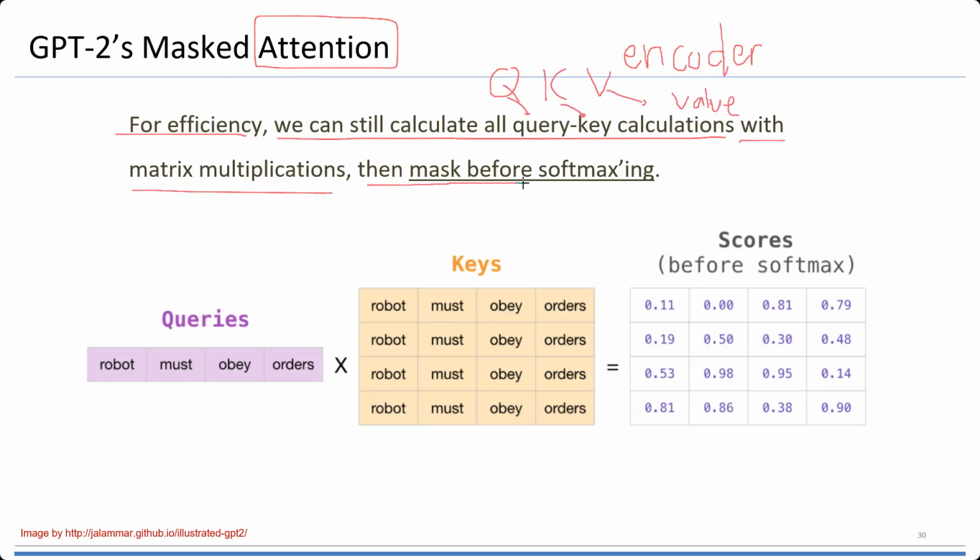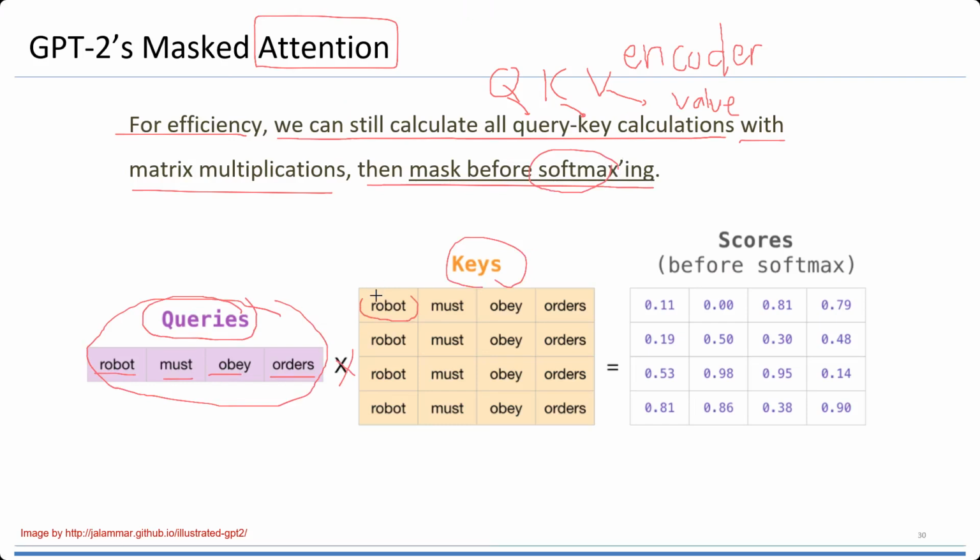It is then masked before softmaxing. We call it softmaxing before we do the softmax. So the query, let's say like this one, robot must obey orders. Based on this query, we can multiply with the keys.